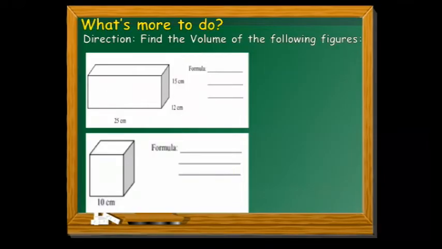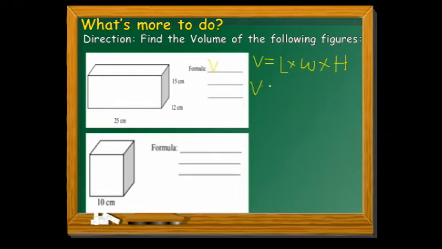I have here two exercises. The direction is: find the volume of the following figures. We have here a rectangular prism. The formula is V, volume, equals length times width times height. Then we will substitute everything.